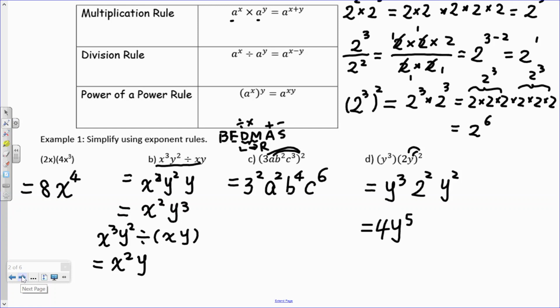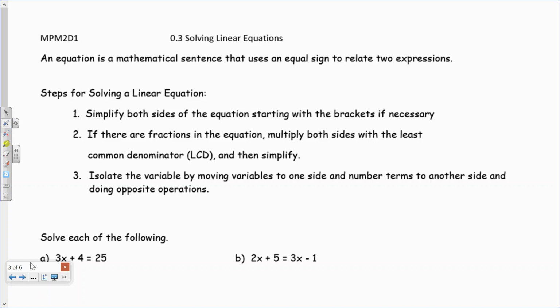Now we are going to continue next page. So for the next page is solving linear equations. An equation is a mathematical sentence that uses an equal sign to relate two expressions. When we are talking about an equation, one line, you have only one equal sign.